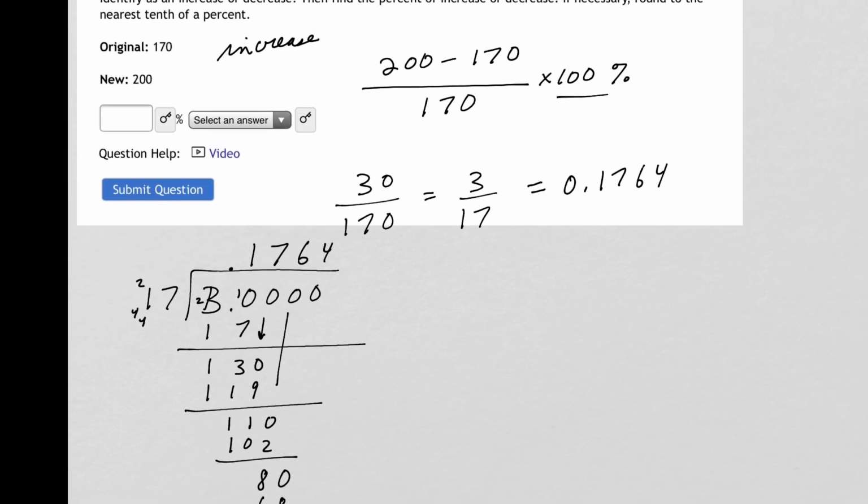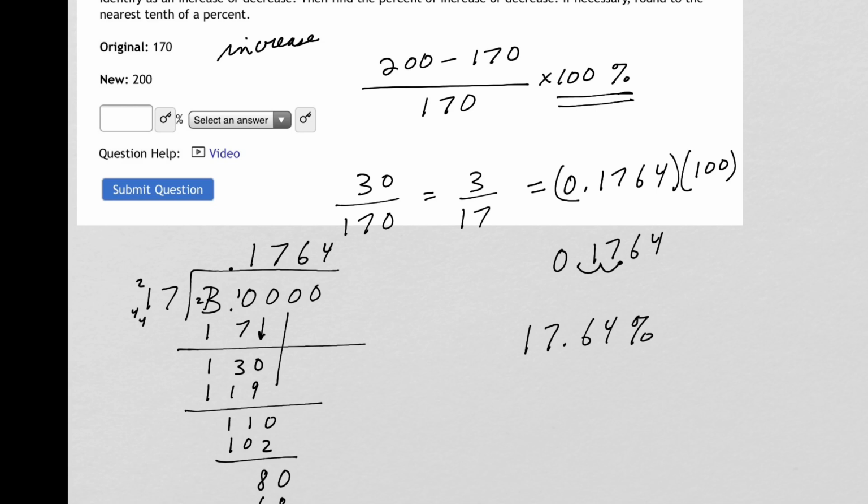Now I have to multiply by 100 to make it a percent, right? I haven't done this part yet, right? So multiply by 100, but that's simply going to move this decimal point 2 places to the right, right? So this is 17.64%. But then I wanted to round it to the nearest tenth of a percent. So what digit is in the tenths place? That's the 6 here. I look to the right. I have a 4, which is less than 5.